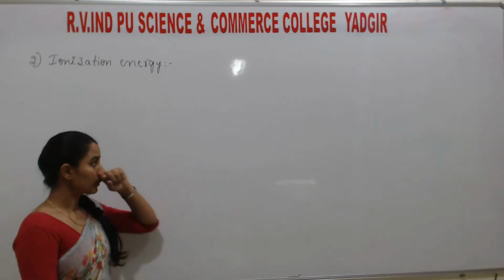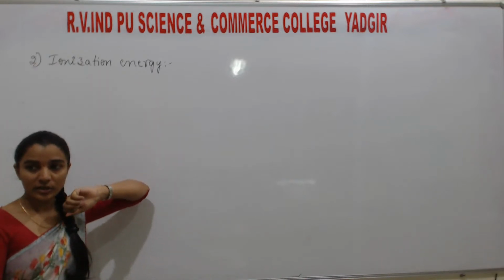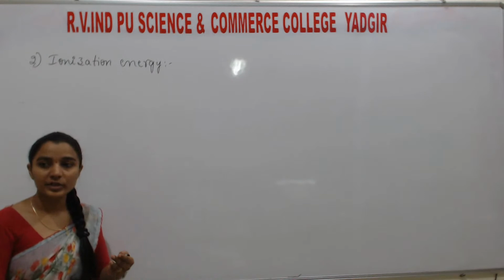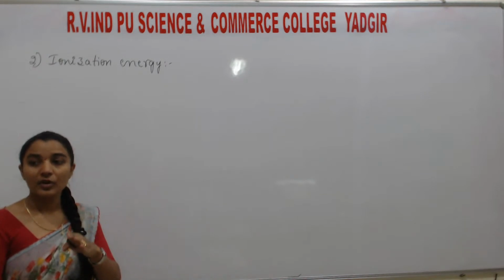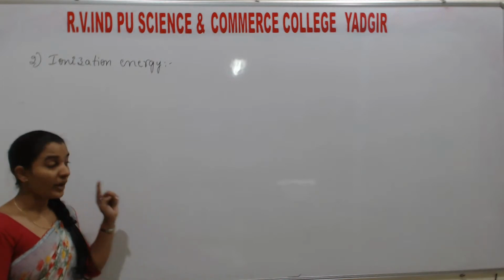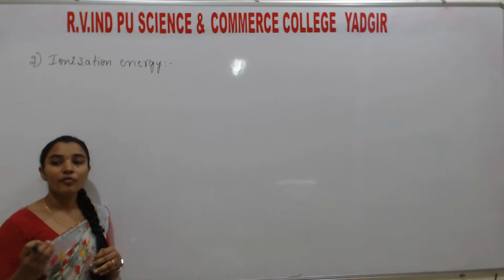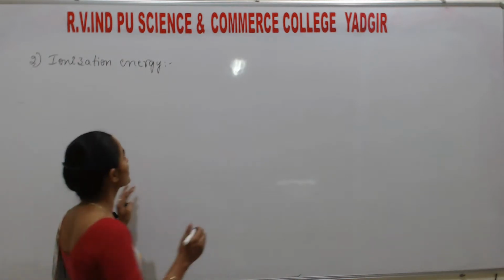So first one is, what is ionization energy? Ionize means formation of ions, whether a cation or an anion. But here, ionization always refers to removal of an electron. So what is ionization energy?